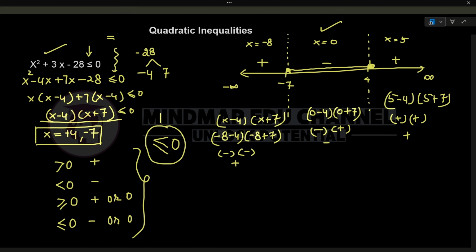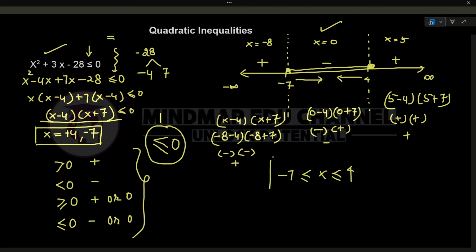Clear? Okay. Now let's write this in inequality notation. So see here, x is greater than or equal to minus 7 and x is less than or equal to 4.